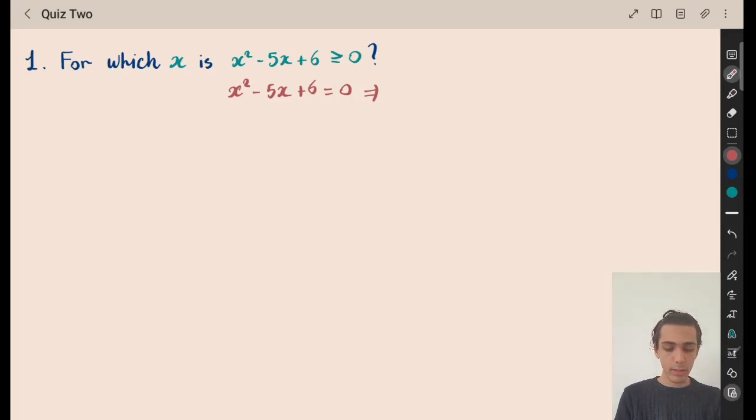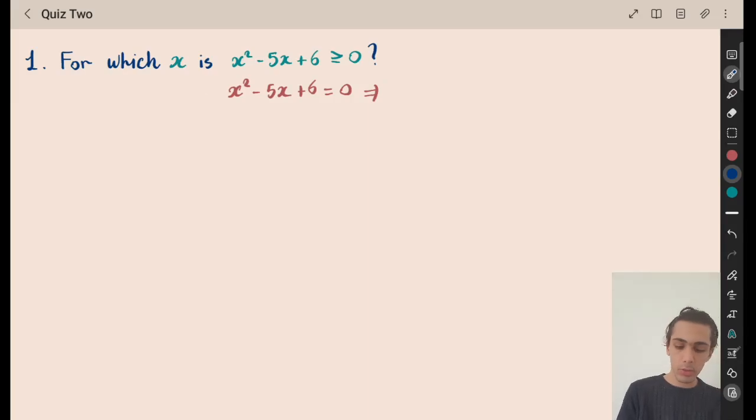In this case, there are two ways you could proceed. The first way is by using the quadratic formula. And the other way is by noticing that this has a coefficient of 1.